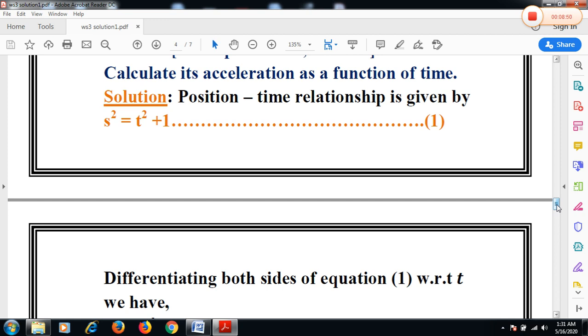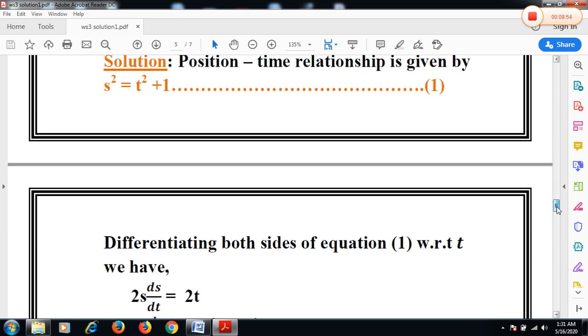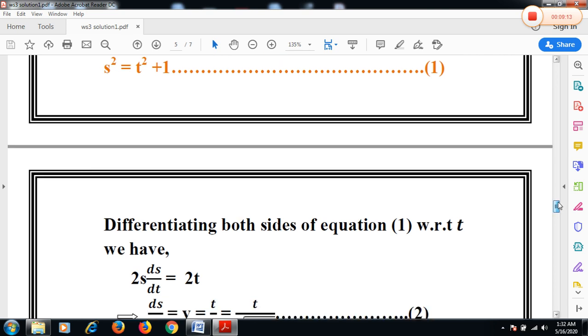Now differentiating both sides of equation 1 with respect to t, we have, now see students, here we have used the chain rule. Okay. 2s ds dt equals to 2t. Okay. This part is on the left hand side. We are using the chain rule of differentiation. Okay. We have already discussed it. What is chain rule, right?